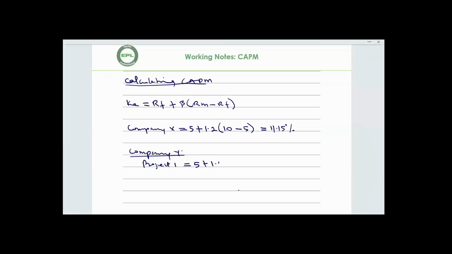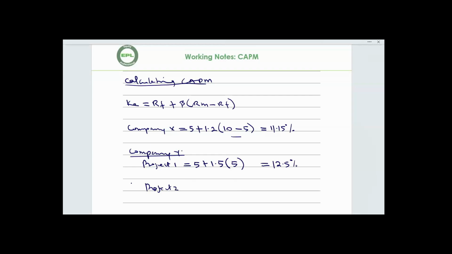The difference between 10 and 5 is 5. So 1.5 multiplied by 5, then plus 5. That's 12.5%.